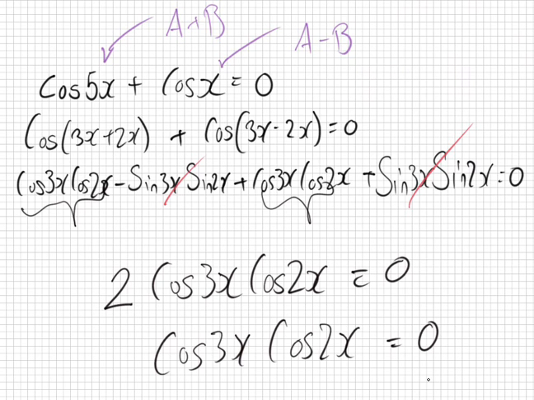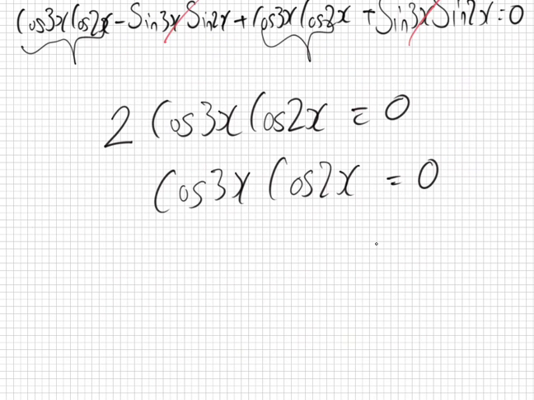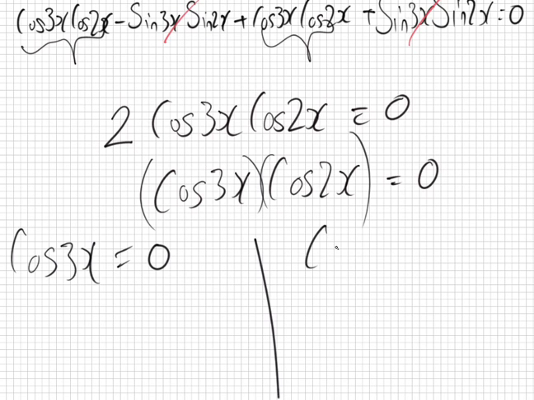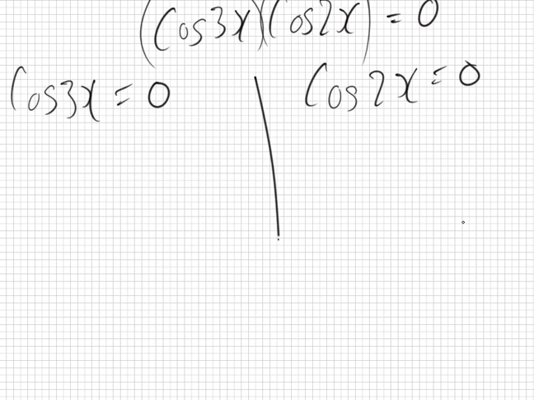Anyways, back to the question here. I can solve this because this has two possibilities. The first one is cos 3x equals 0, cos 2x equals 0, which we've done in semester 1 plenty of times. So first you do your cos inverse 0, which is pi over 2.